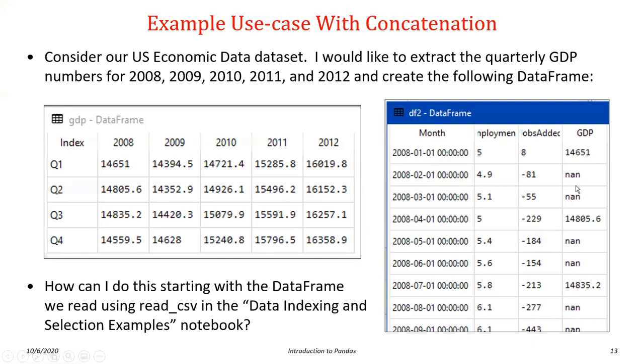And we can see our GDP values. So how do I go from having this in Pandas to this in the easiest way?